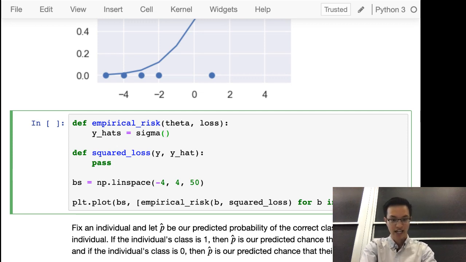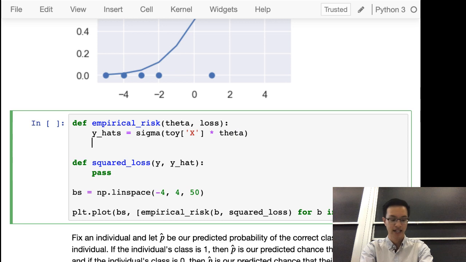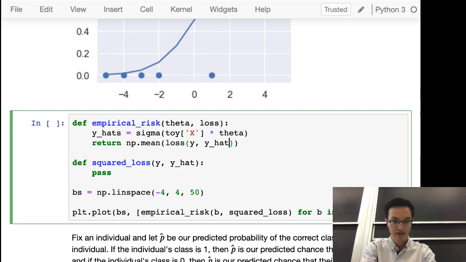Okay, so I have here, my predicted values are my x values times theta, and my loss is the mean of the loss function applied on my predictions, sorry. Let's do that. For y hat.